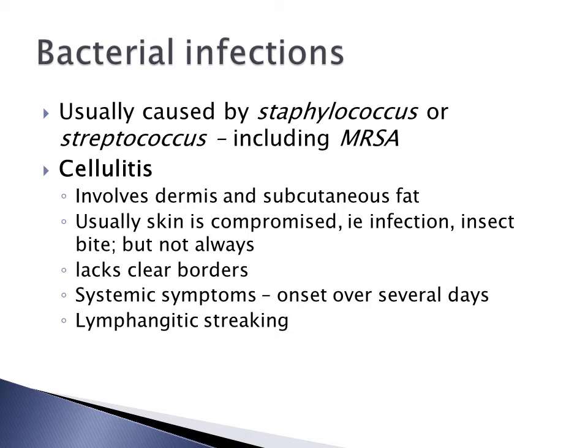Cellulitis definitely can be a life-threatening event, which can lead to shock, hypotension, as well as toxicity. So toxic shock syndrome and multiple organ failure resulting from both strep and staph have been reported, and we need to keep aware of that as we're treating these patients.